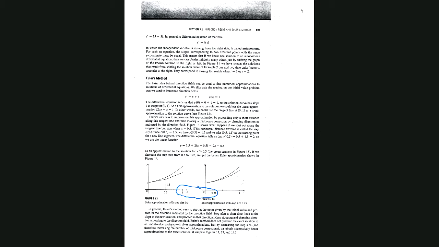What happens to these linear approximations as we move away from our original starting point, 0, 1? Do the line segment approximations to the solution get better or worse as we move away from our starting point? Do they appear to be getting better or worse?